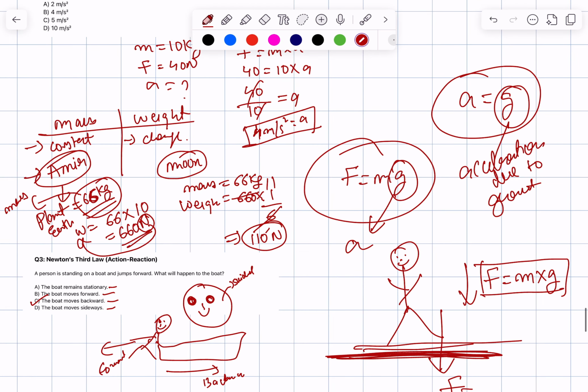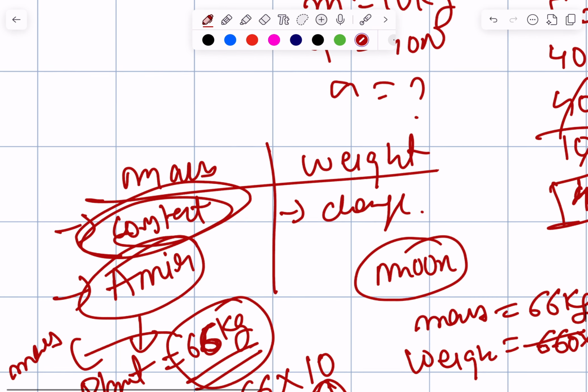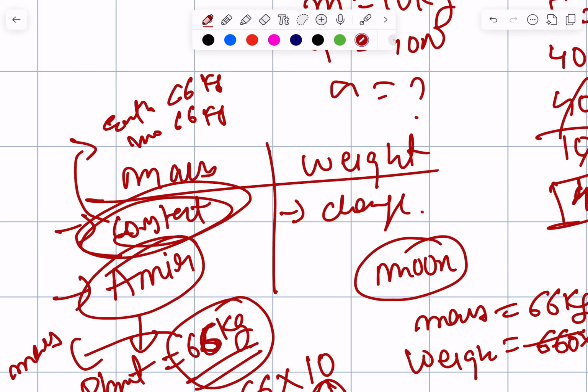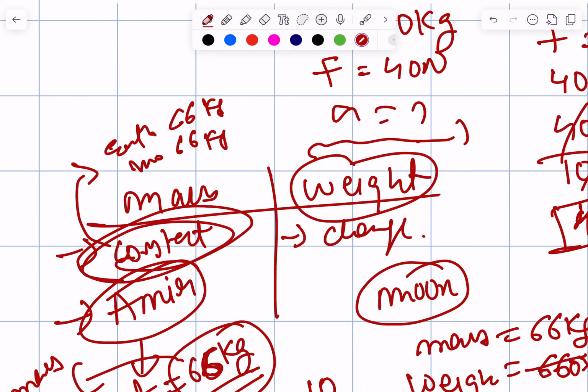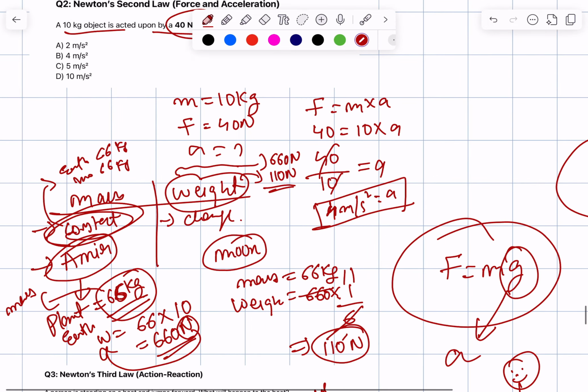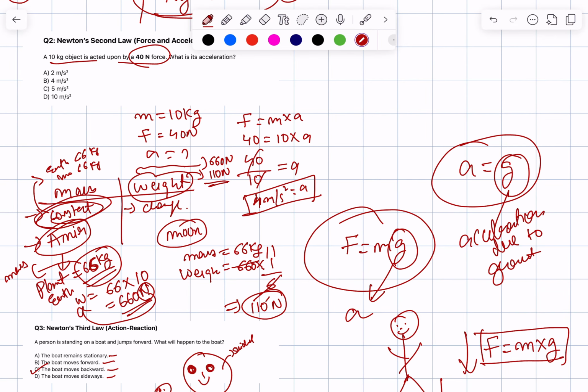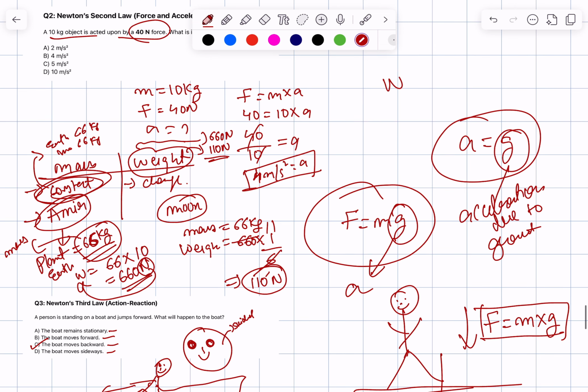You see that the mass remains constant on Earth and on the moon, 66 kg, but my weight on Earth was 660 Newton and on the moon 110 Newton. I hope the concept of mass and weight is clear. Weight is written as W, and the formula is mg, the same.